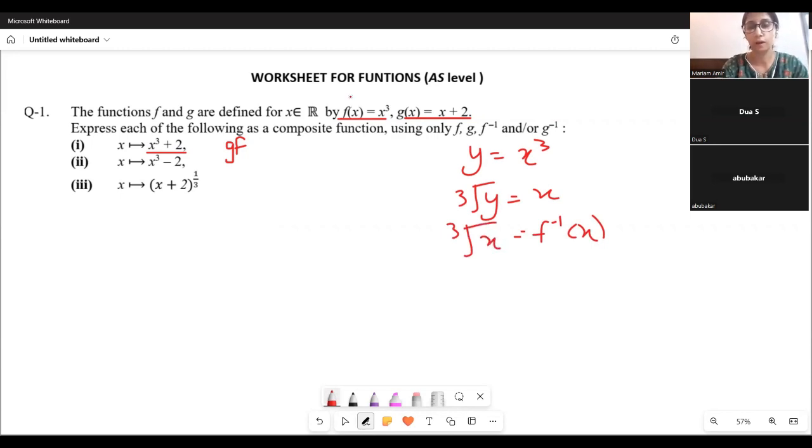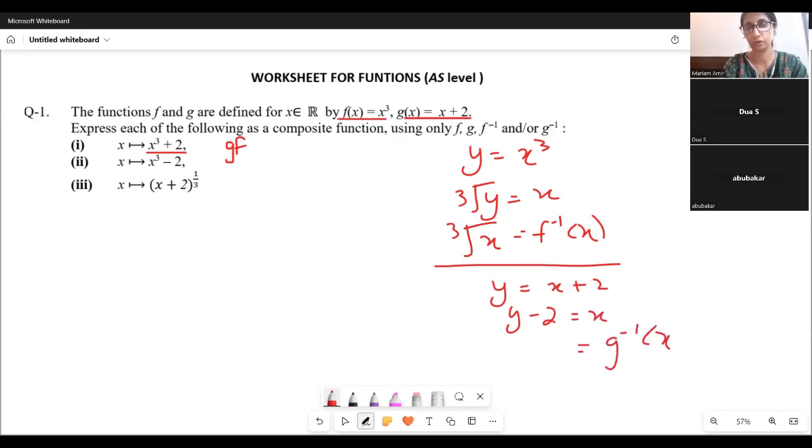Similarly, y equals x plus 2, so y minus 2 equals x. So g inverse of x is going to be x minus 2. So yes, f is the input of g inverse of x in this case. It's going to be g inverse f.